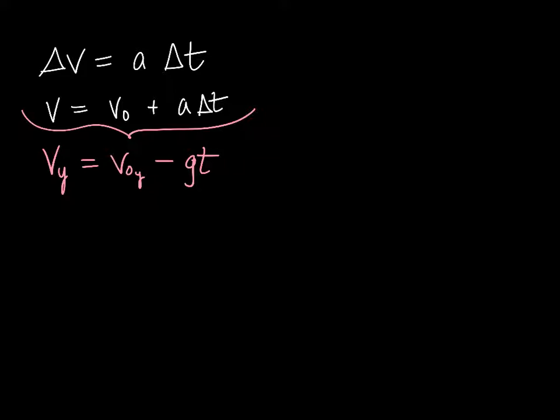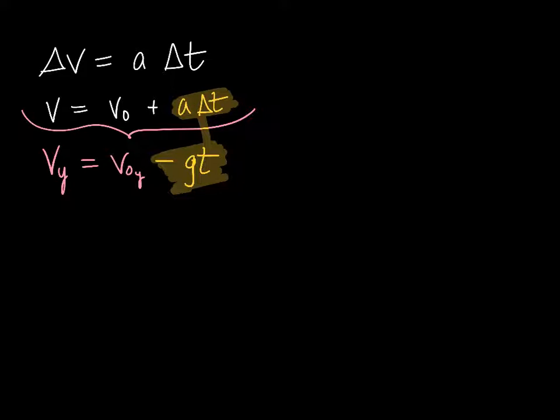So here's this way to look at it. The final speed in the y direction consists of the initial speed that you start with in the y direction minus the acceleration due to gravity times time. But realize, and this is the importance of the backstory, these things here go together.